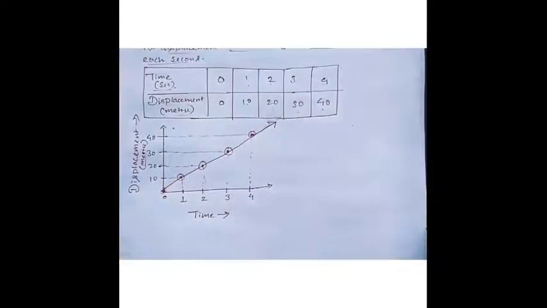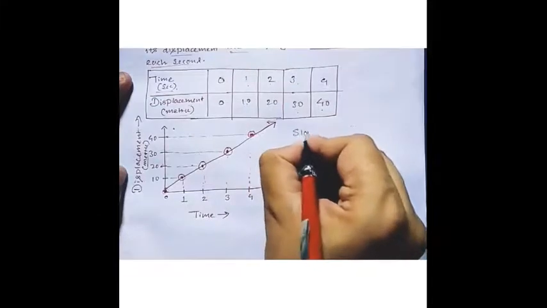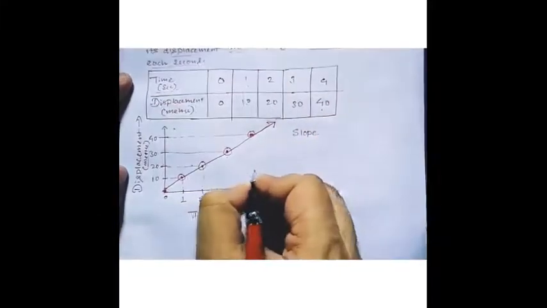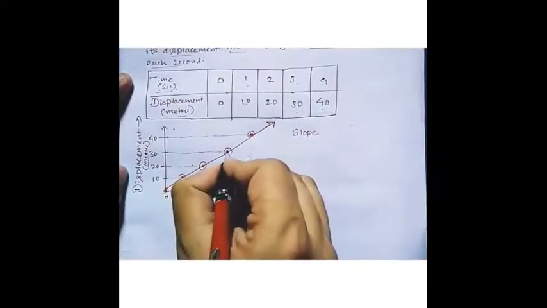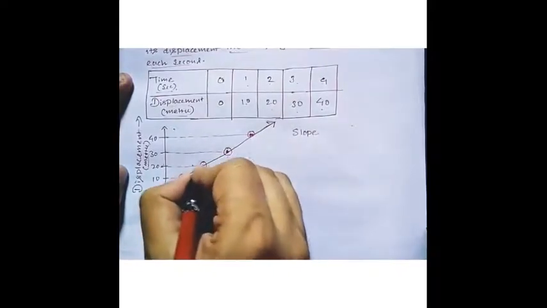Now I will calculate the slope from this displacement time graph. Before that, I have to take 2 points to calculate the slope.